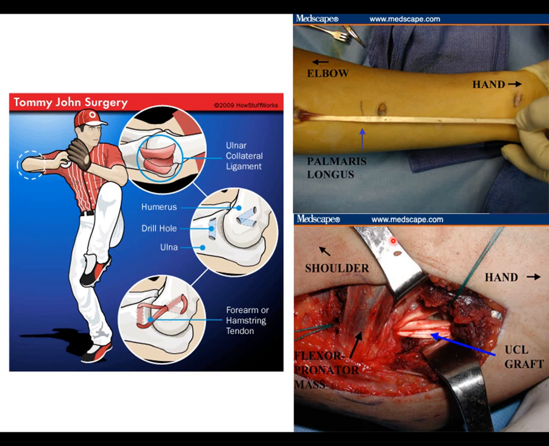You can throw harder, but you're throwing harder because you've been doing intense rehab and strength training during your recovery. So the reason you're throwing harder is not because you have a new UCL, it's because you've been training a lot harder. Either way, it's a hot topic right now. I think it's a pretty cool surgery, and it is very successful, and there's a good chance you're going to end up running across this.